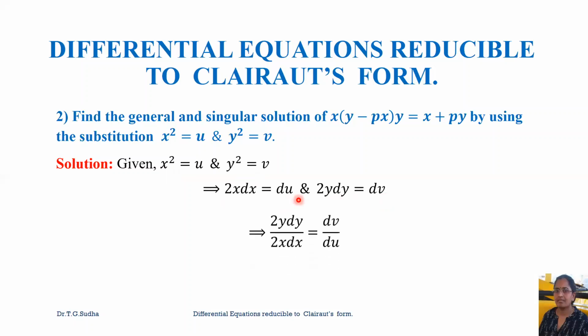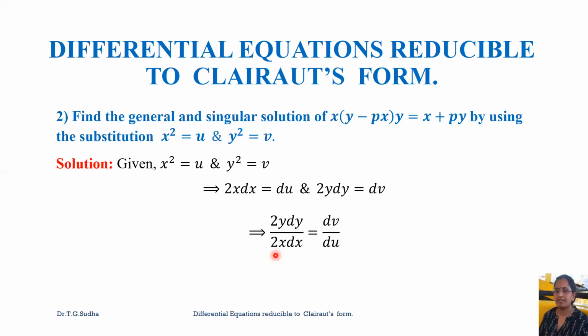Now let us calculate what is dy by dx. For that, we divide these two equations one by the other. So 2y dy is divided by 2x dx. So we get dv by du.